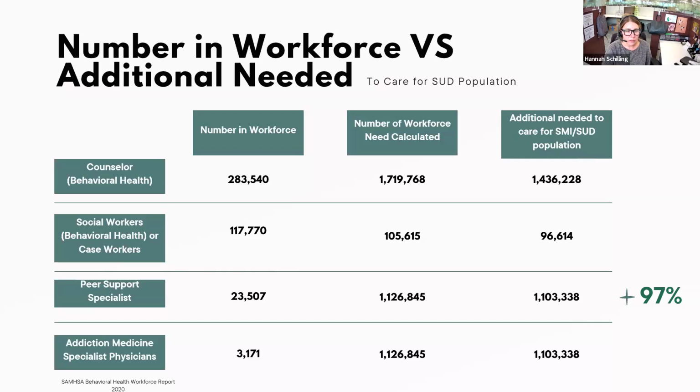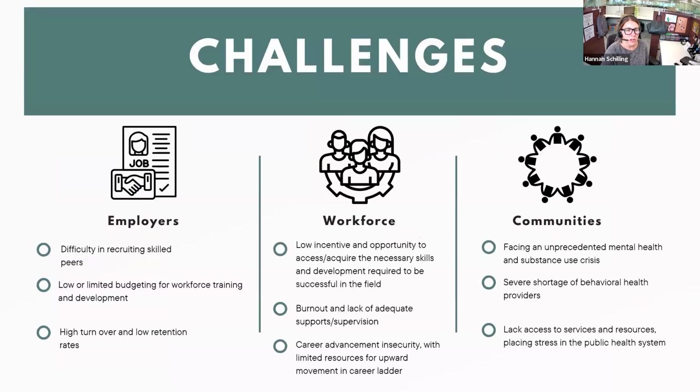What we need in the workforce, you can see there's a 97% gap where we're not meeting the demands of the workforce. So even though it is evidence-based and even though we are seeing the need, there's not enough individuals working in the peer support space.